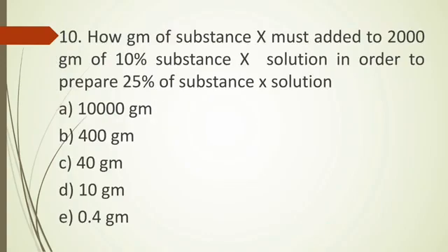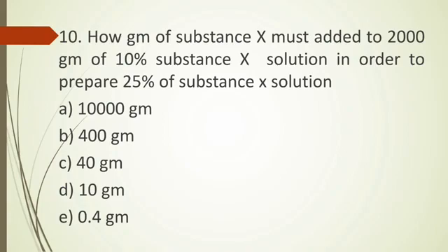For example, substance X will be 100% pure, so 100% of X must be added to M2, that is 2000 gram of 10% substance. So here M2 is 2000 and V2 is 10%, in order to make 25% substance X solution.